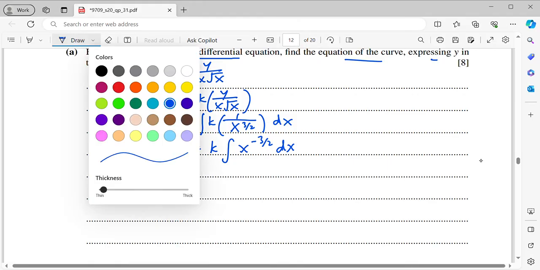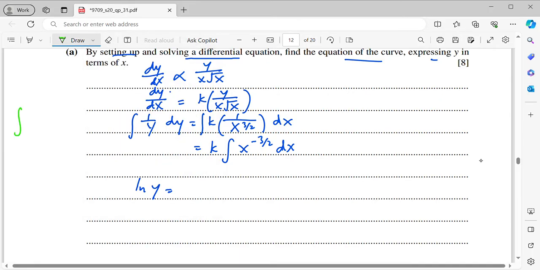Left hand side is ln y. Right hand side, we use the formula: integrate x to the power n dx gives x to the power of n plus 1 over n plus 1, plus c, as long as n is not minus 1.